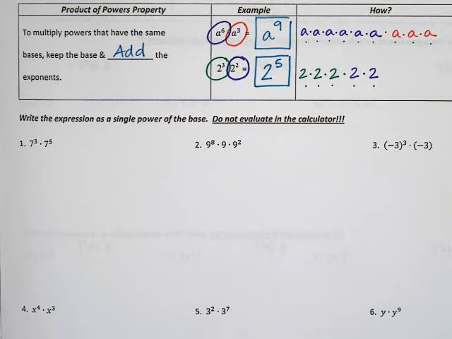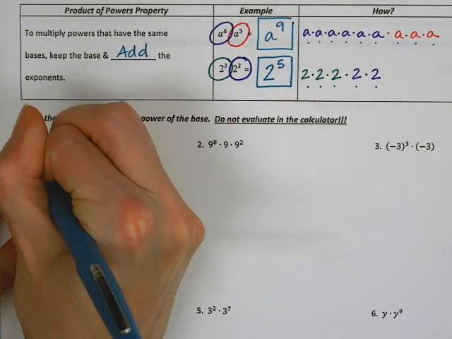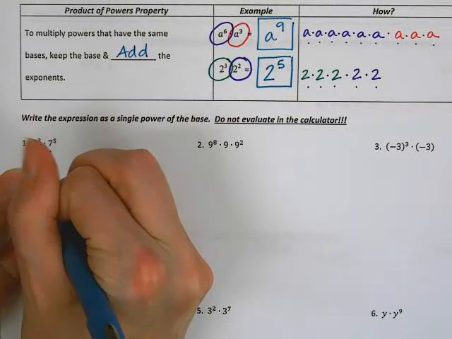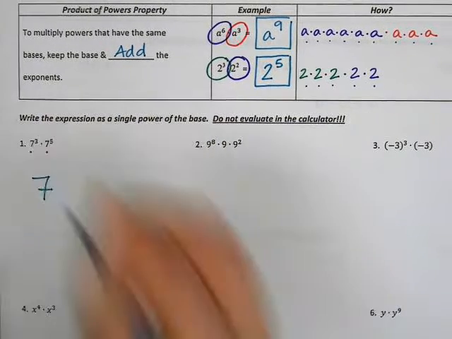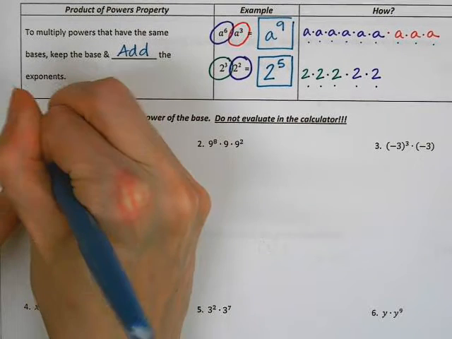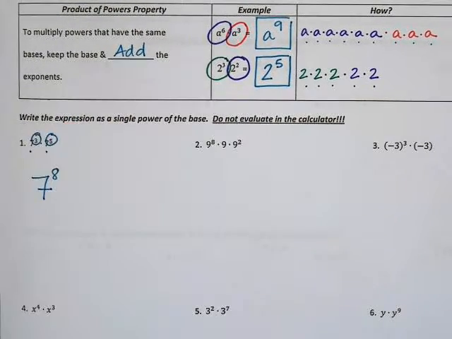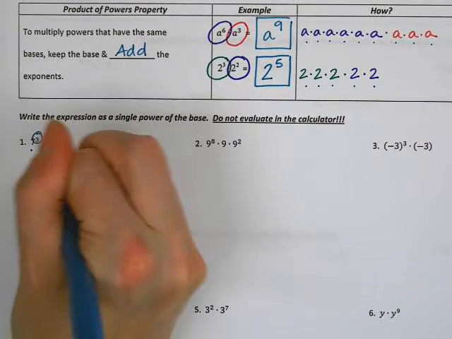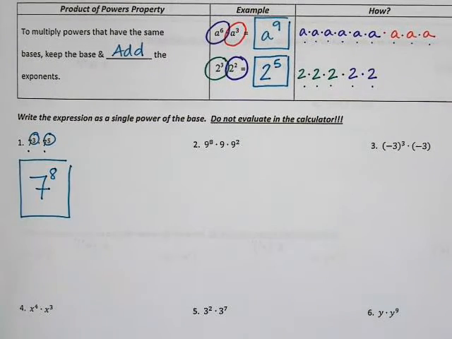All right, so let's try number 1. So if the bases are both 7, the base stays, okay, you keep the base, but you add the exponents. And I want you guys to leave your answer like this. All right, number 2.